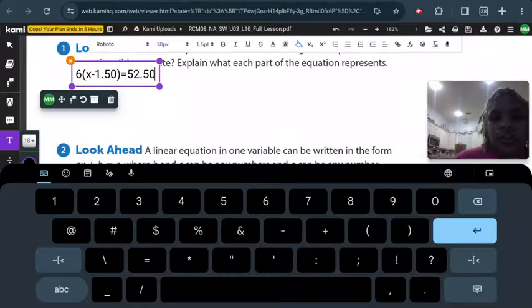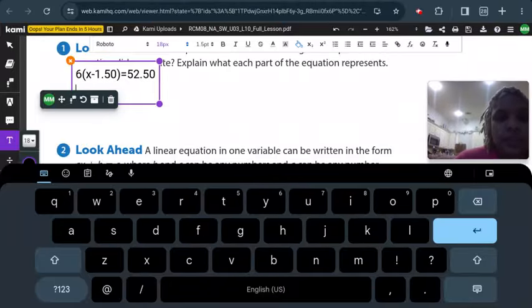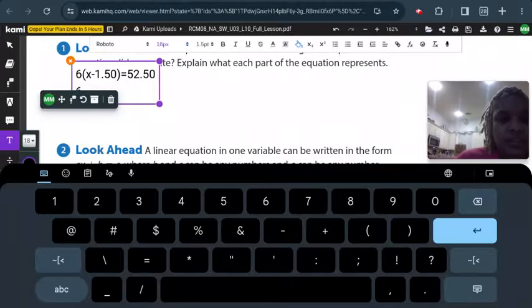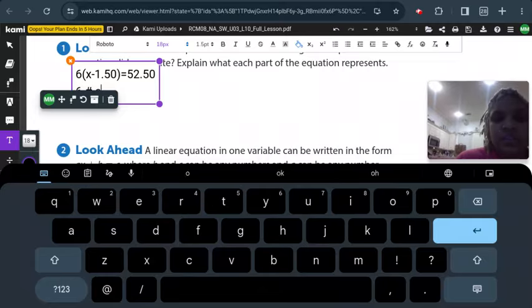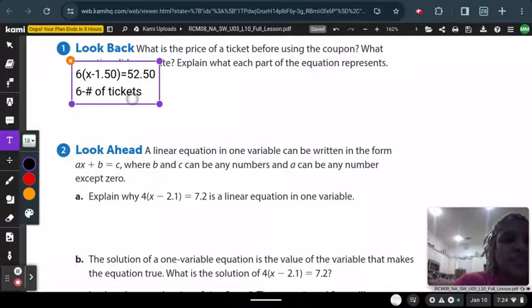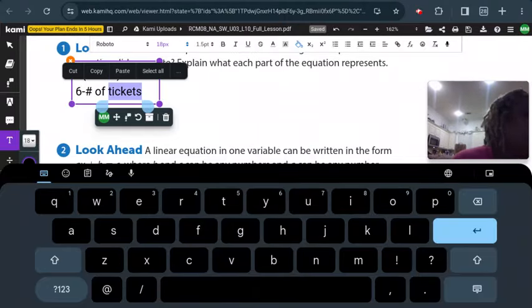All right, so the 6, what did the 6 represent? The number of tickets. So 6 equals the number of tickets because they bought 6 tickets. They clearly said that in the problem. What else do we have?